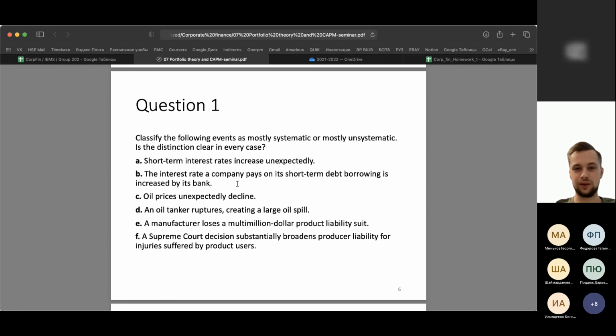Here the interest rate on this short-term borrowing is increased by the bank of some company, and probably on one borrower. Yes, probably once it may happen, and that's why it might be unsystematic, but systematically it works vice versa, because systematically the debt is decreasing.